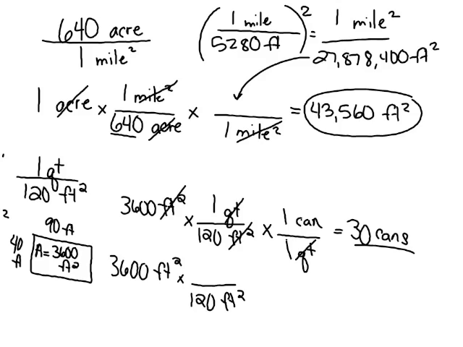So I can get 120 square feet out of 1 quart, and then I want to convert quarts to gallons. 4 quarts equals 1 gallon. So quarts are gone, feet are gone. So how many gallons? I need 7.5 gallons of paint. Is that easier than buying 30 quarts?